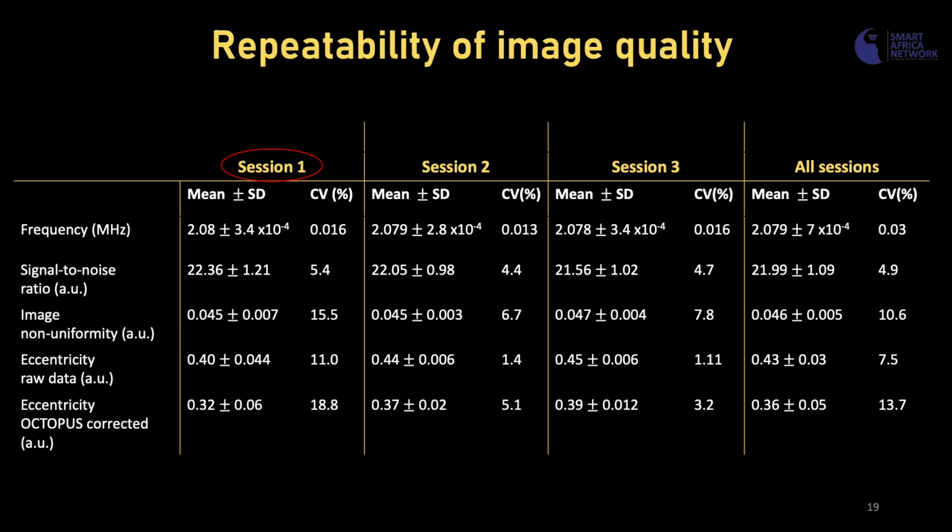However, in session 1, you can see that these numbers have gone significantly higher, and we attribute that to the first day where we had a different power cycling and caused the data outliers that I've shown you before.